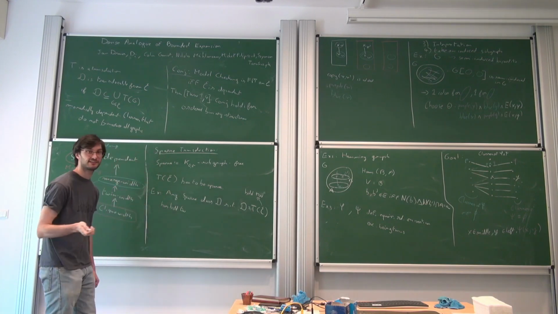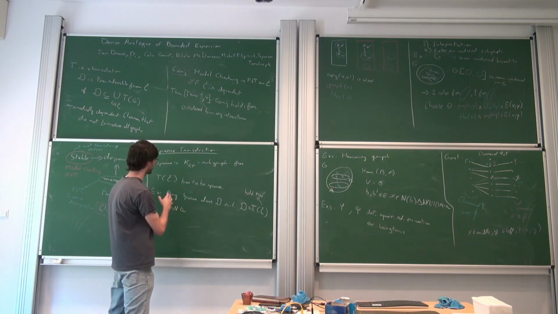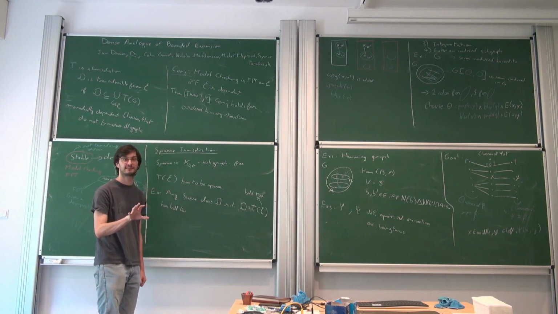So there are parameters, or sets of classes, that are stable for transductions, but only when you look at the sparse graphs.